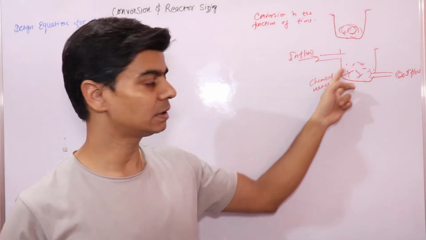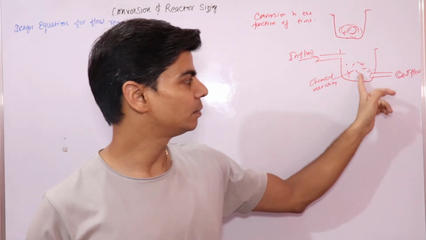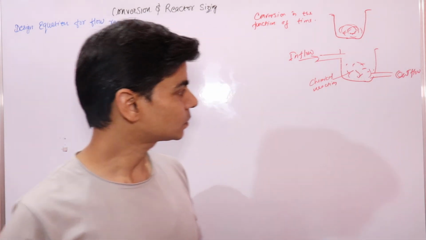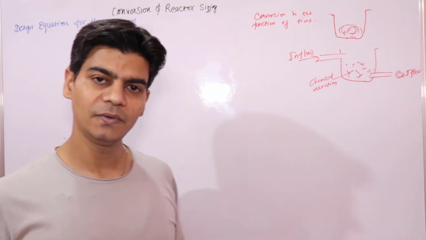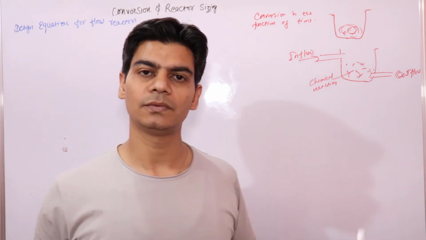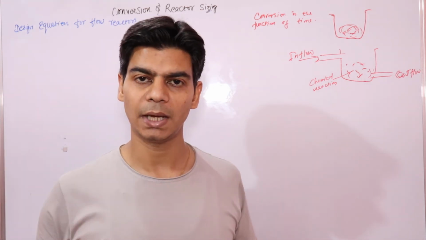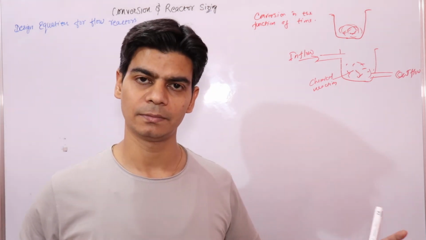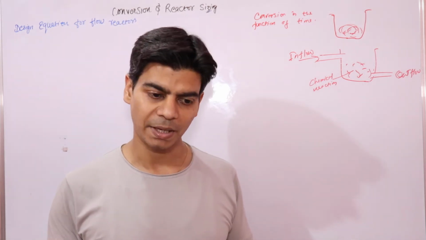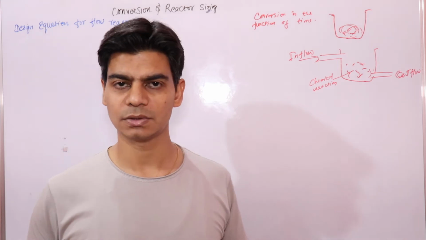From one end reactants are being fed and from the other end products are being taken out. So the only thing we can do here is increase the size, volume or length of the reactor. So the time factor can be increased by increasing the volume or size of the reactor.